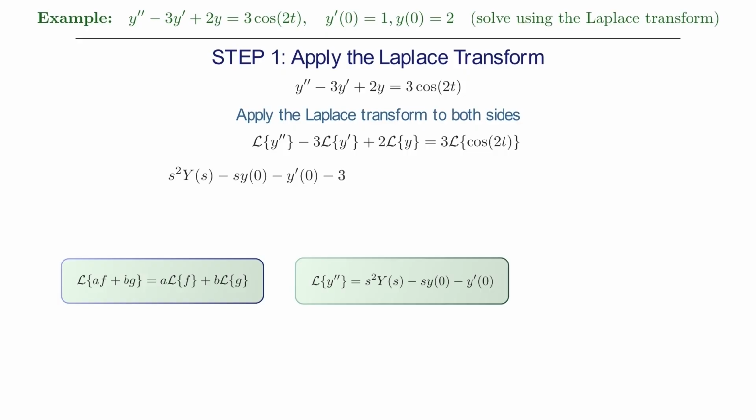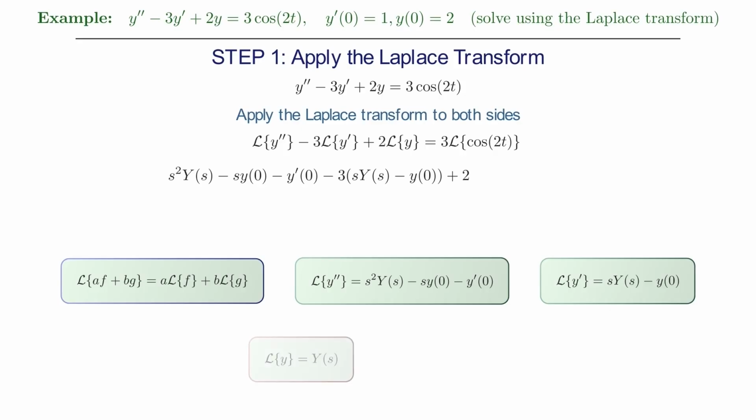In the equation we have minus 3 lots of these, so we have minus 3 open brackets. The table tells us the transform of y' is s Y(s) minus y(0), close the brackets. And then we have plus 2 times the Laplace transform of y, and from the table this is equal to 2 times Y(s).